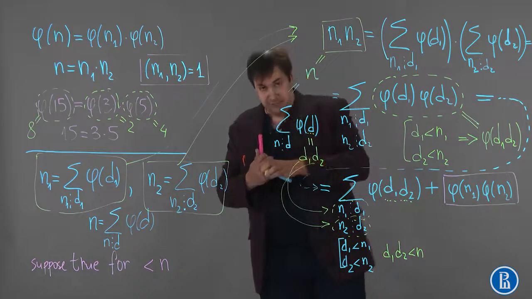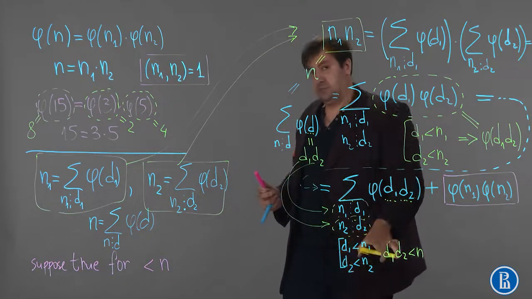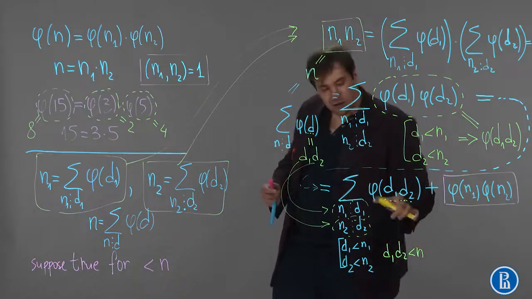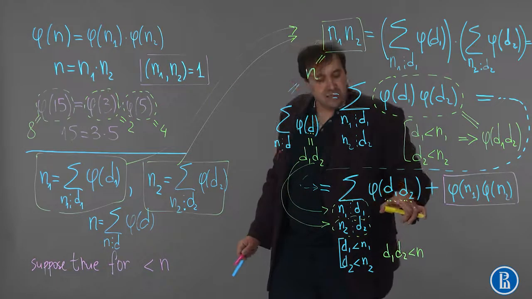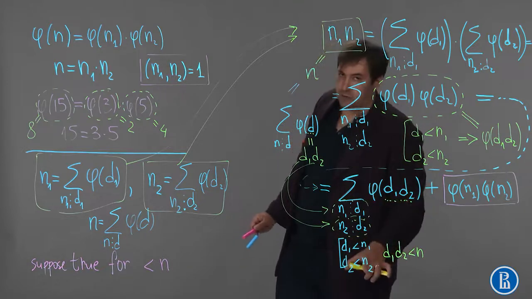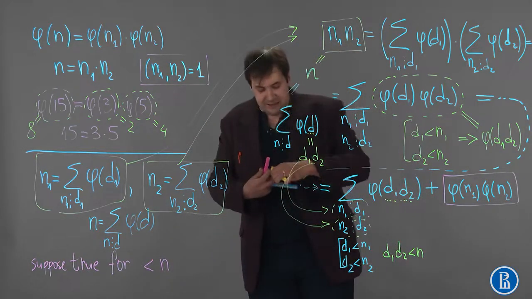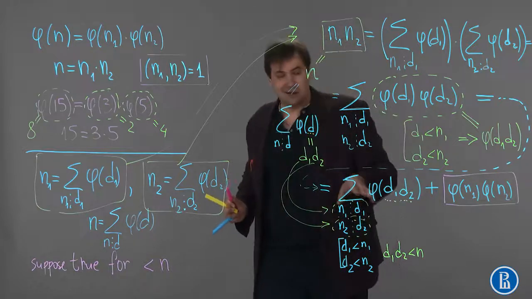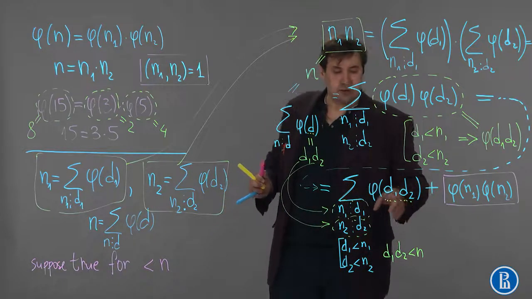It is a consequence of this condition here. We would have gained n if we had taken d1 equal to n1 and d2 equal to n2. But since here at least one of them is not equal to n, then we don't get n here.